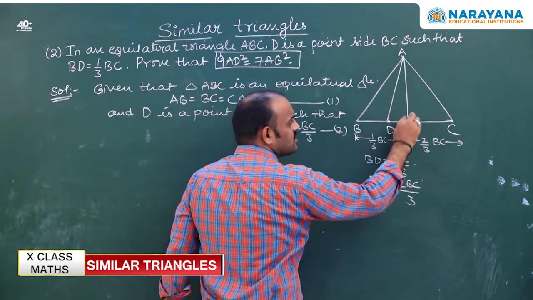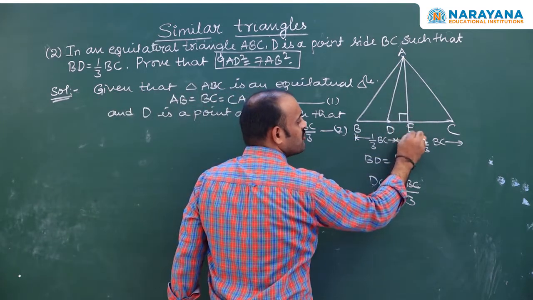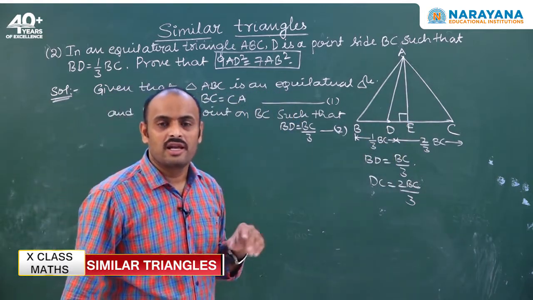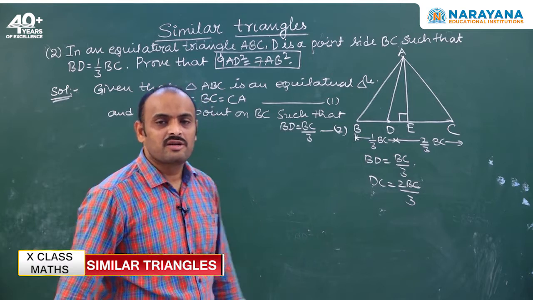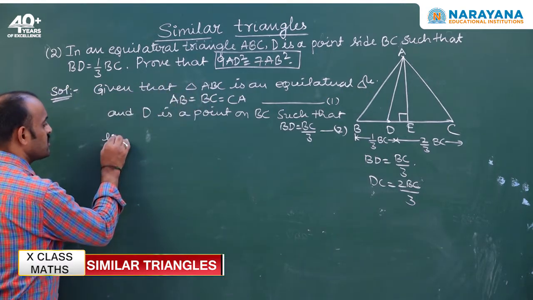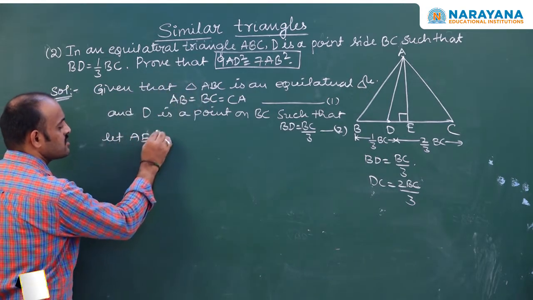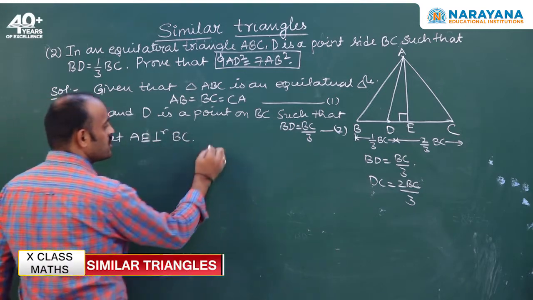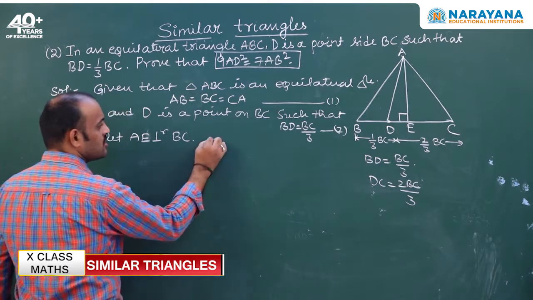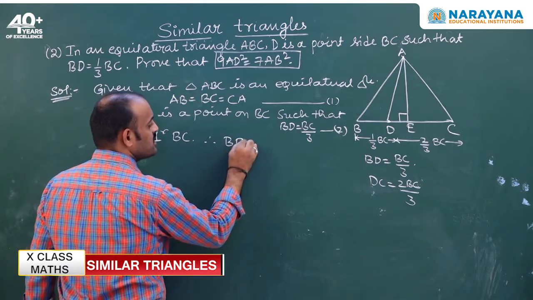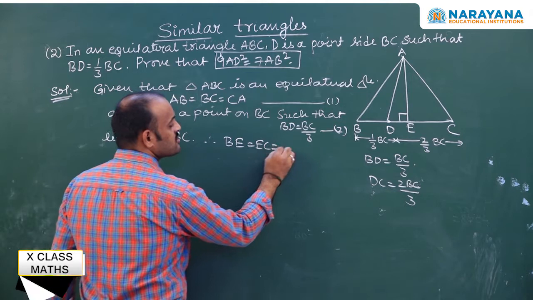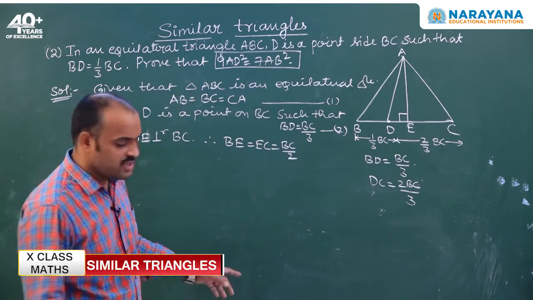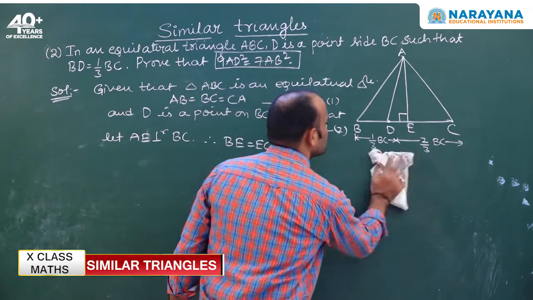And we know that the altitude drawn from a vertex to the opposite side, in an equilateral triangle, bisects the base. Let AE be perpendicular to BC. Therefore, BE is equal to EC is equal to half of BC.